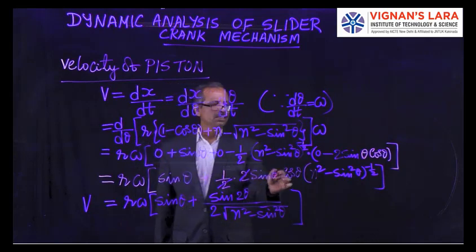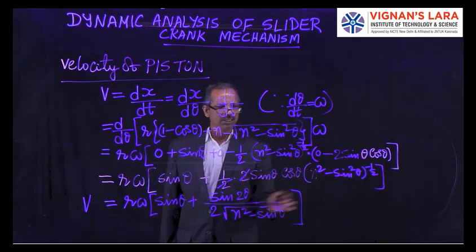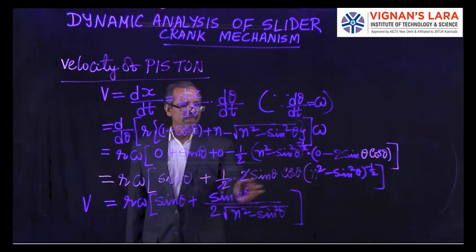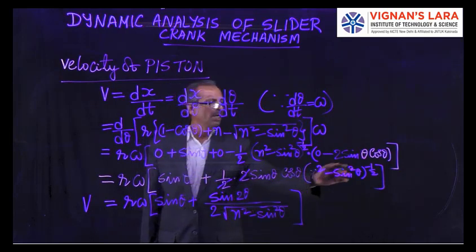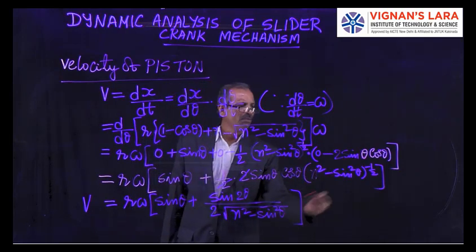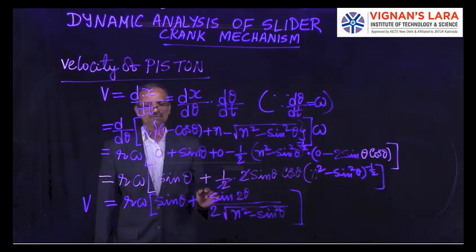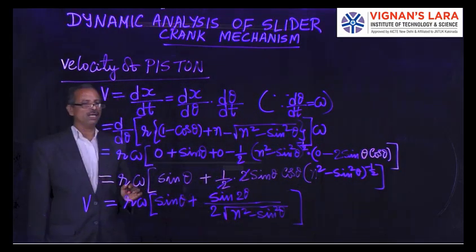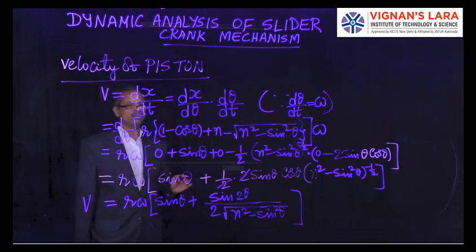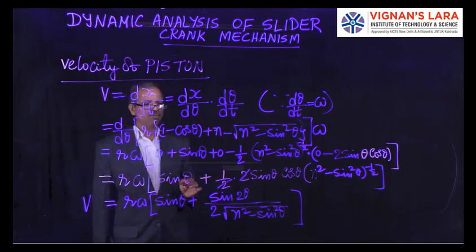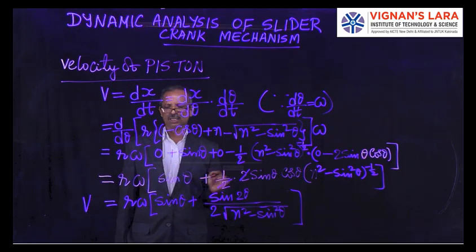So the 2 gets cancelled, sin theta cos theta by root over this. Then this can be written as sin 2 theta by 2, and if I take it in the denominator, this will become plus, that is nothing but root. So this is v is equal to r omega into sin theta plus sin 2 theta by 2 root over n square minus sin square theta.